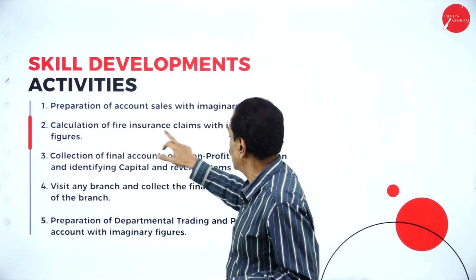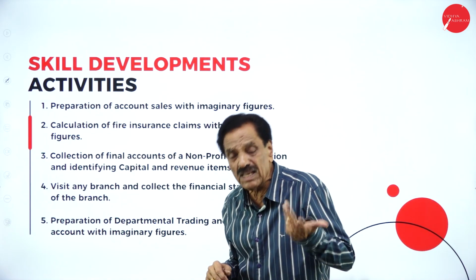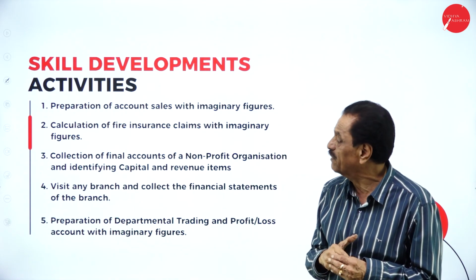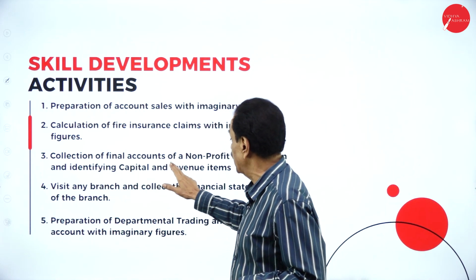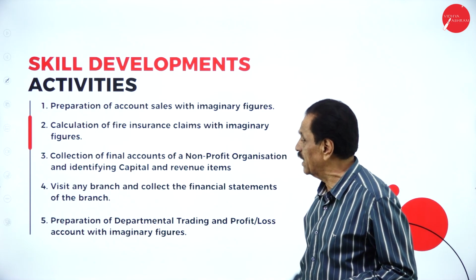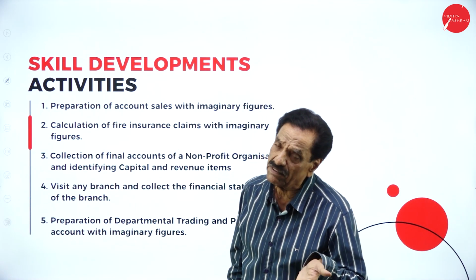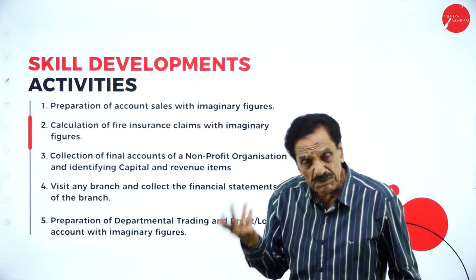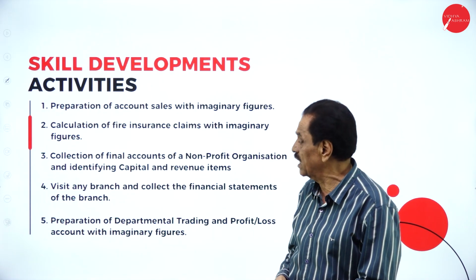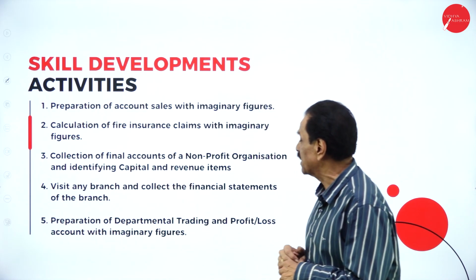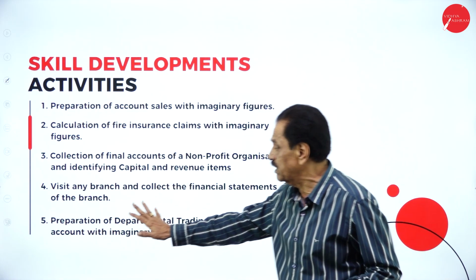Then calculation of fire insurance claim with imaginary figures, your own figures to be fed in. Then collection of final accounts of non-profit organization, identify capital and revenue items: which are the capital expenditure, which are the revenue expenditure, which are the capital receipts, which are the revenue receipts. Visit any branch and collect the financial statement of the branch.